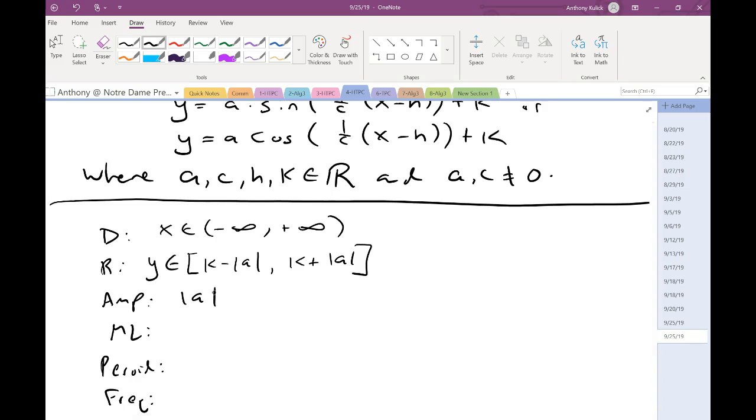So whatever the absolute value of a is, I'll multiply it by the old amplitude, which is just 1, so it becomes the absolute value of it. What type of transformation is going to affect the midline? No. Not a stretch or shrink. Will not affect the midline.